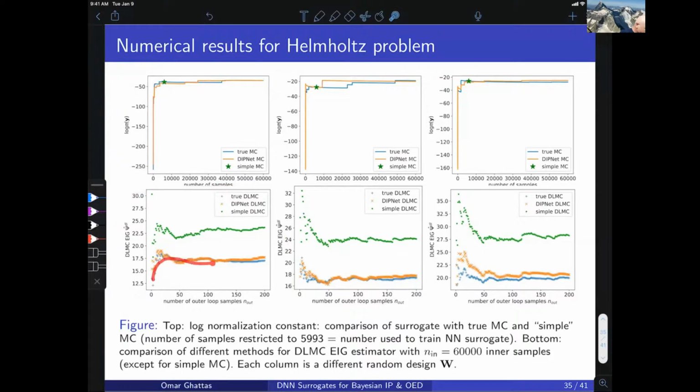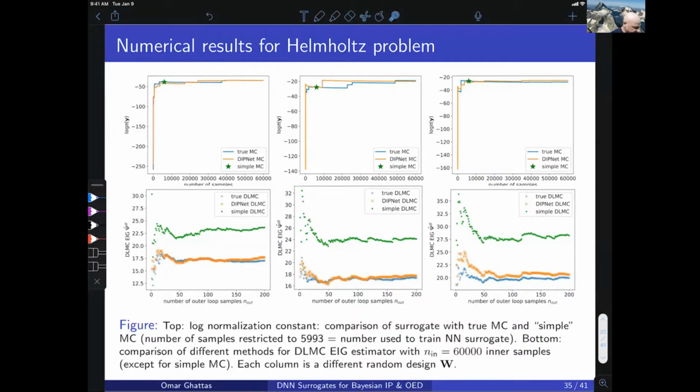The blue curve shows the expected information gain on the vertical axis as a function of the number of outer loop samples. We're fixing the number of inner samples at 60,000. The blue is the reference solution. We could have done more, but this is the reference solution in blue here, which is brute force double loop Monte Carlo. Then the orange is this DipNet, this derivative informed projected neural network.